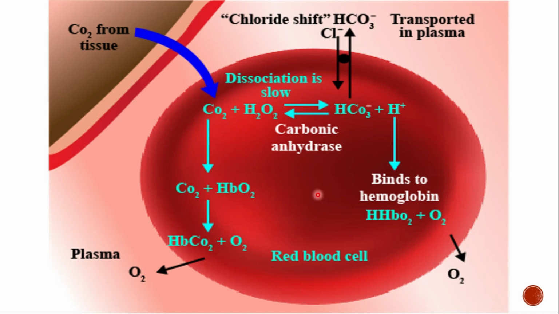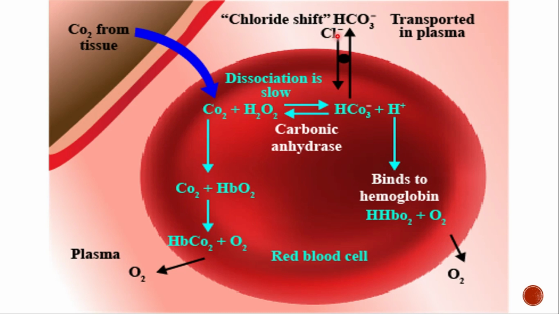Inside the erythrocytes, that is inside the red blood cells, negatively charged HCO3 ions diffuse from the cytoplasm to the plasma. This is balanced by diffusion of chloride ions, the chloride shift. HCO3 moves from red blood cells towards plasma.